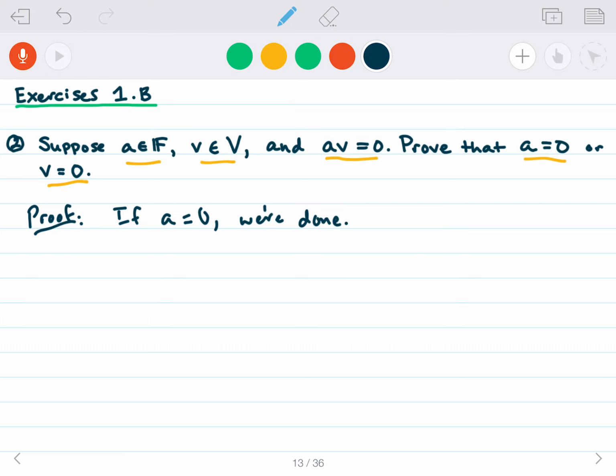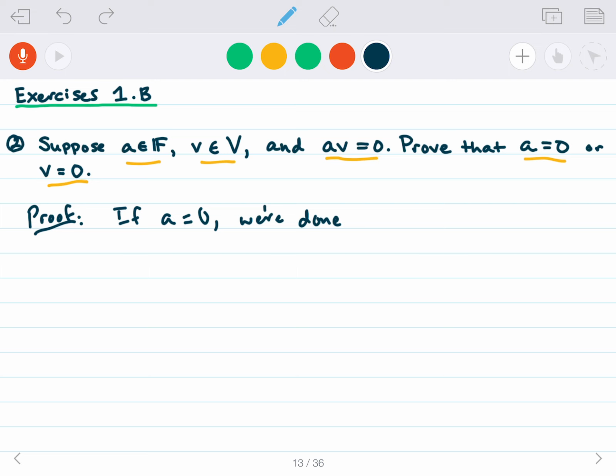It said that if A is in our field and V is a vector, and AV equals 0, then either A is 0 or V is 0. If A is 0, that's it. One of the two things needed to be true is true. So that's our first case, if A is 0.